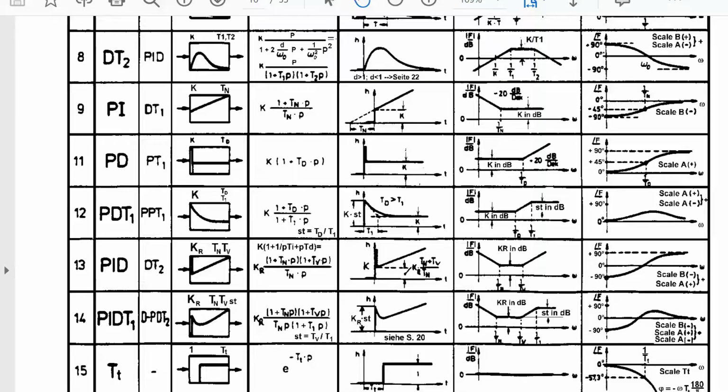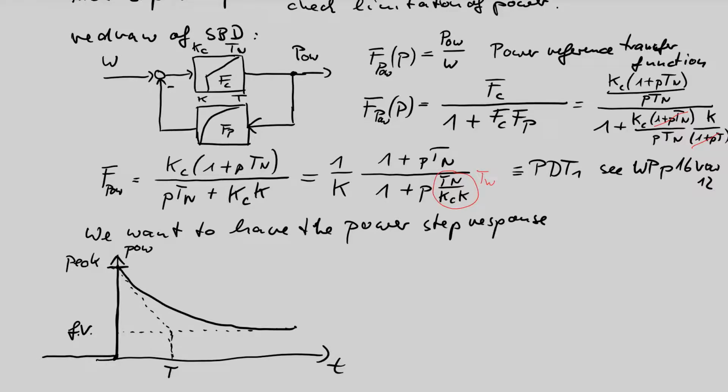If you look into the workbook, note that this time constant described in this curve is the denominator time constant. And the denominator time constant is available as my TW, and this is 1 second. So the pulse width is very small, 1 second. So this pulse goes down within, say, 3 seconds down to the final value.